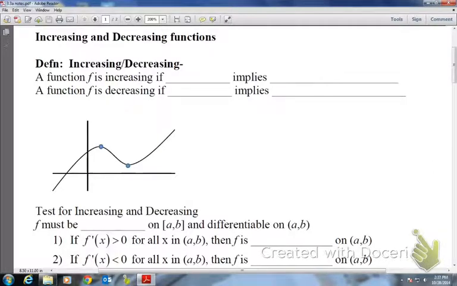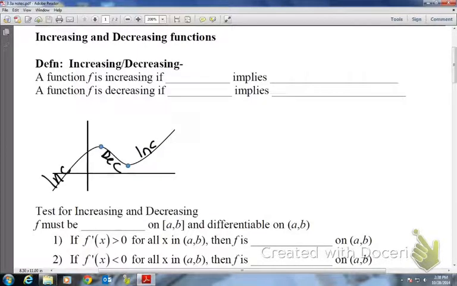Alright, and then we can look at that also over here in terms of what it means. So if this is the graph of a function, we can look at it as increasing here, increasing over here, decreasing in the middle.